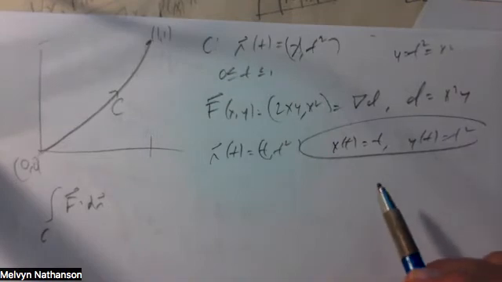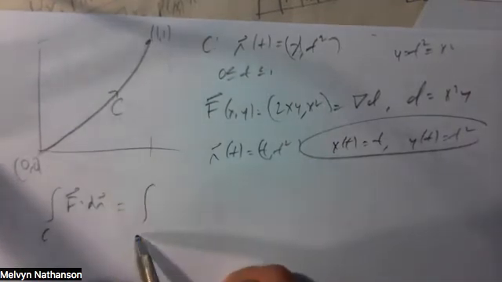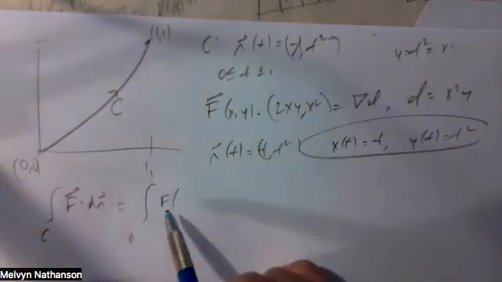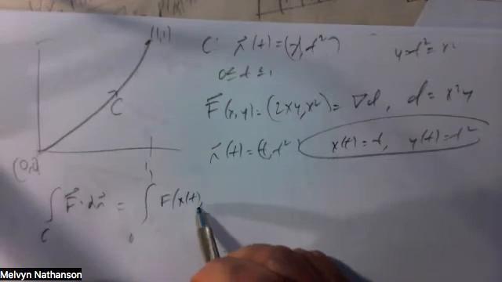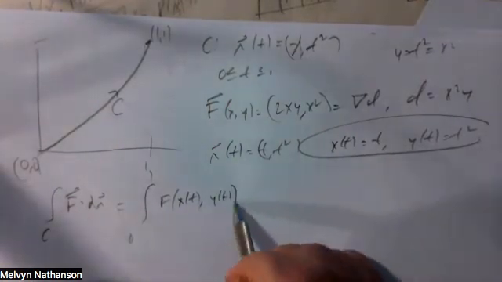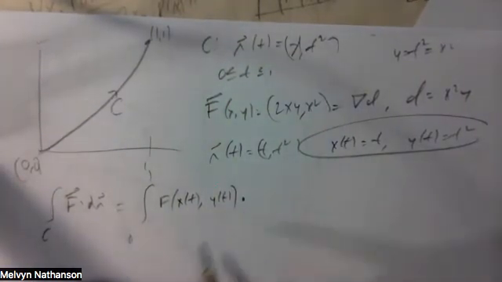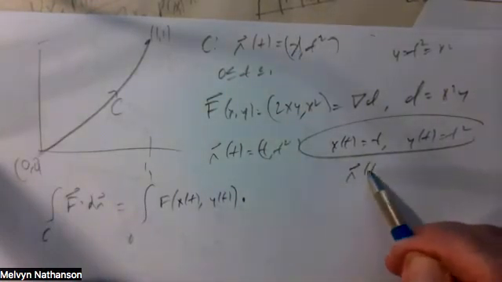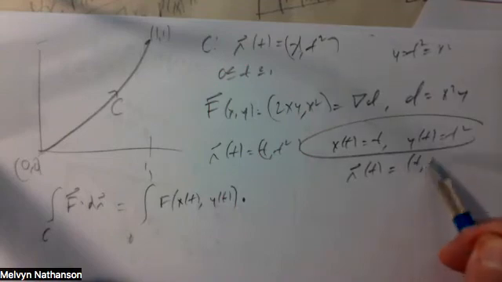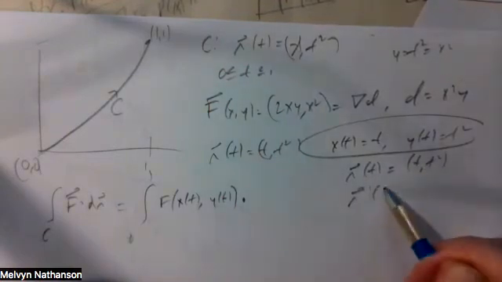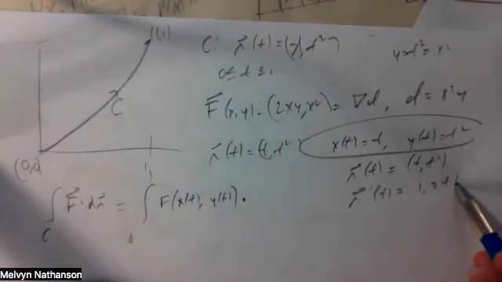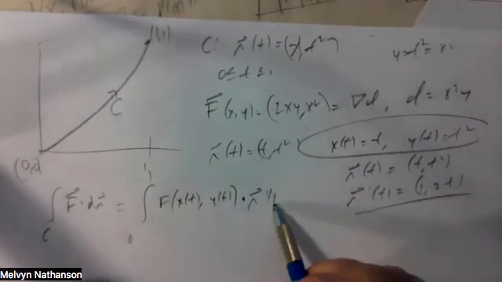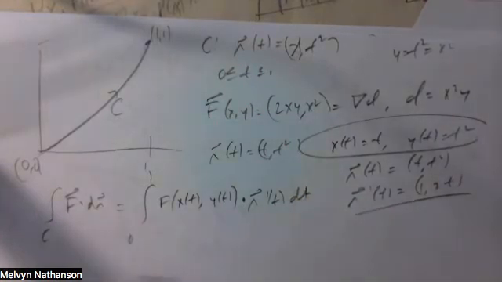So I'm taking the integral from 0 to 1 of f of x of t, y of t, dot product with r prime of t dt. r prime of t is (1, 2t).